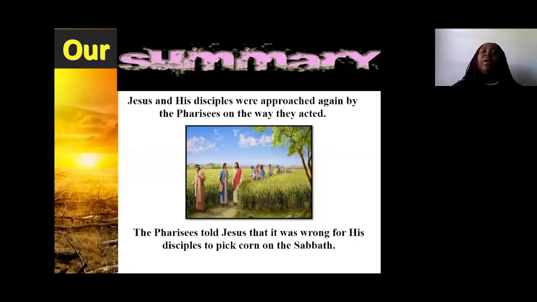But something happened while they were going through the cornfield. Jesus and his disciples were approached again by the Pharisees on the way they acted. Now, if you were on the last lesson, you would remember that I drew the illustration between the difference between the Pharisees and Jesus.